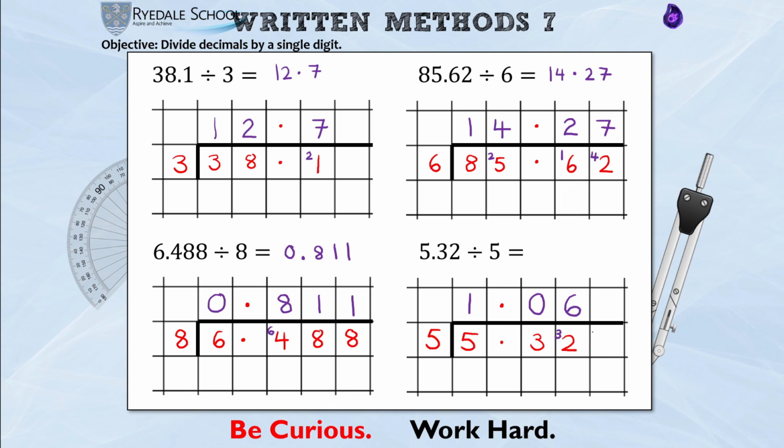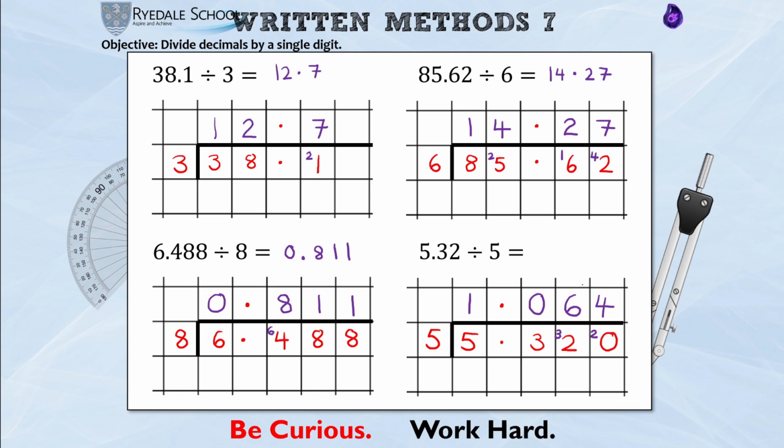What I don't do is write 1.06 remainder 2. I can carry those 2 into the next column. In that next column, there was nothing. So I now have, with this extra 2, the number 20. And how many 5s are in 20? That is 4.